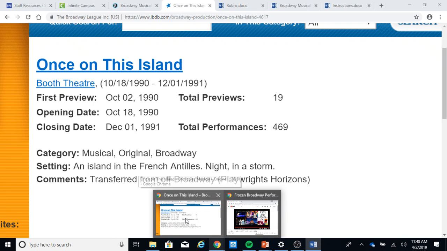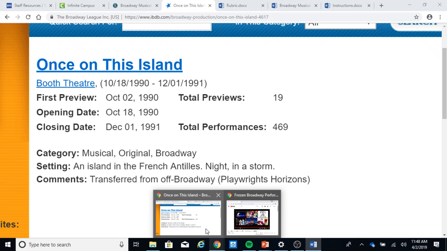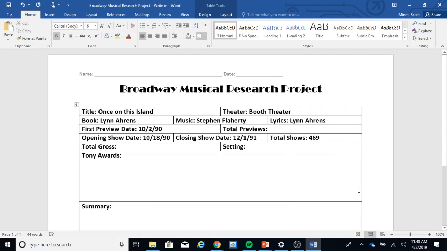Guys, what else do we need? Yes, how many? 469. So that's the total shows. 469. And there's one more thing actually we need out of there that we missed. And how many is it? Thank you. So the total previews is 19.